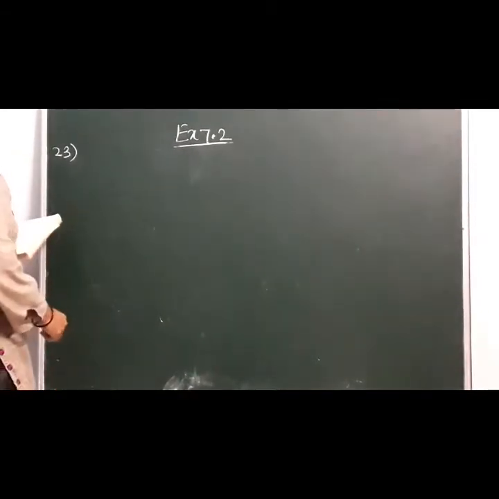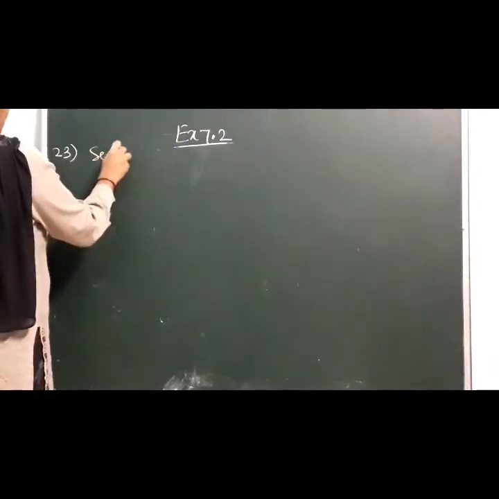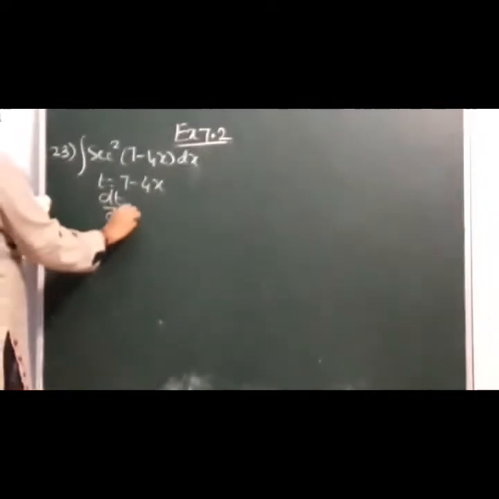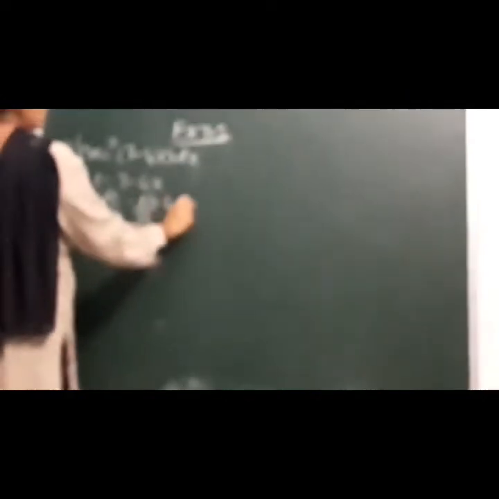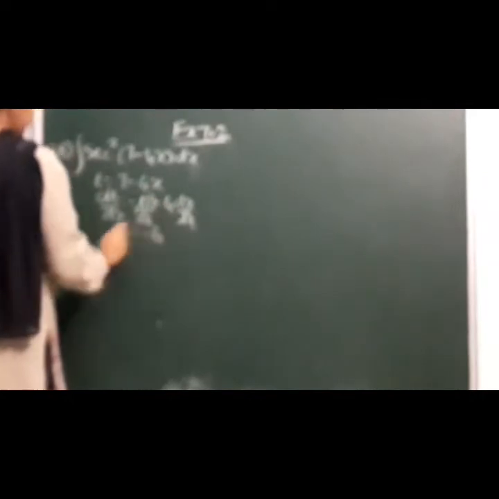So question number 23, that is secant square (7 minus 4x). So this is the dx, we can substitute t equal to 7 minus 4x. So dt upon dx is equal to d upon dx of (7 minus 4x), so 7 gives 0, now minus 4. So dt upon dx is equal to minus 4.